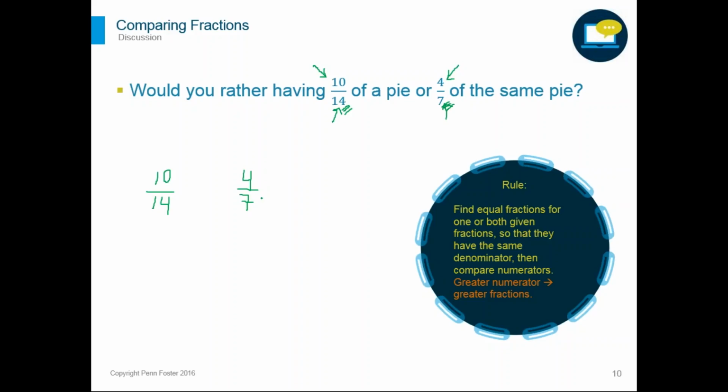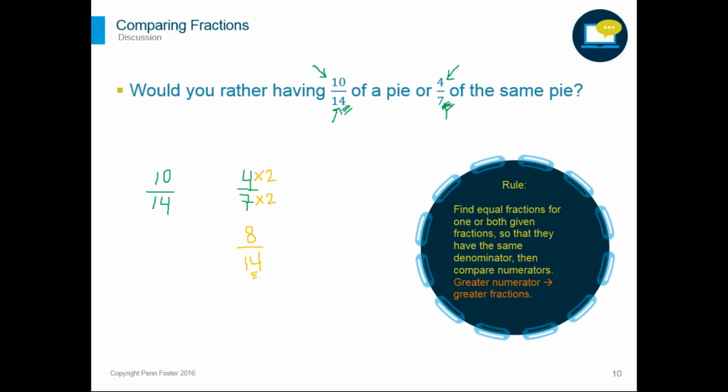When I see 14 and 7, it comes to my mind that I can easily change the denominator of the 7 to 14 by multiplying the fraction top and bottom times 2 and times 2. Why times 2? Because 7 times 2 will give you 14. So the equal fraction of 4/7 is 4 times 2, which gives 8 on the top, and 7 times 2 gives 14 on the bottom.